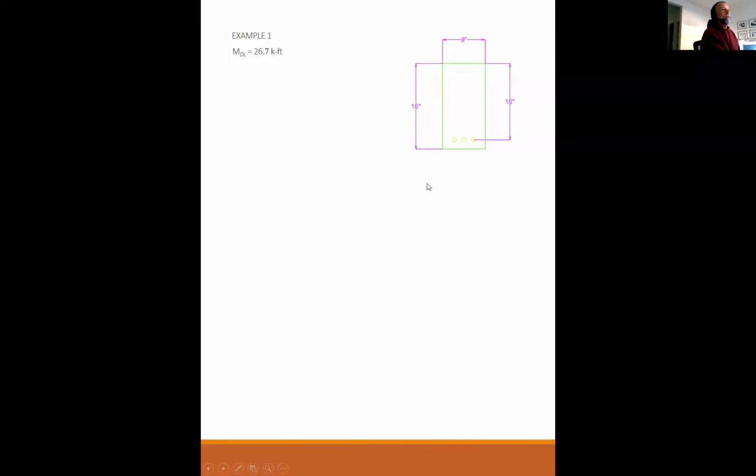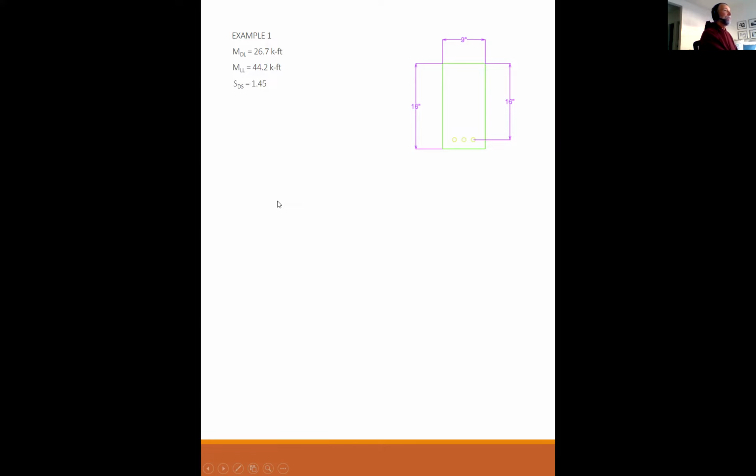So here's my beam. This beam is 9 inches wide and 18 inches deep, 16 inches to the center of the steel, which of course means you have 2 inches to the bottom of the beam. The given dead load moment is 26.7 kip-feet. The live load is 44.2 kip-feet.